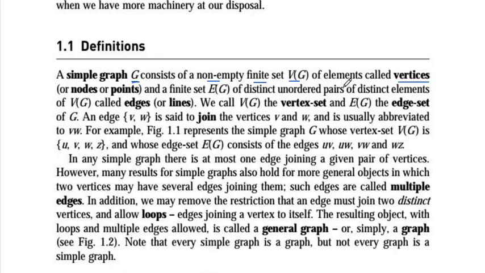In a graph there are, let's say, 1, 2, 3 or any number of vertices, non-empty. It should not be 0. They are also called nodes or points, and a finite set E of G of distinct unordered pairs of distinct elements of V of G called edges.